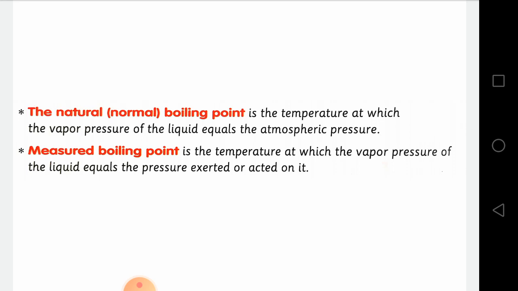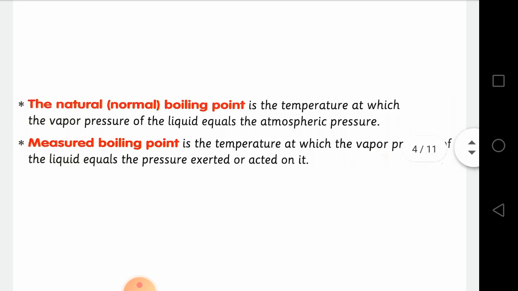If the vapor pressure decreases because of the presence of solute particles in this solvent, this means we need more energy, a higher temperature, to reach the vapor pressure which equals the atmospheric pressure. This means the elevation in the boiling point.